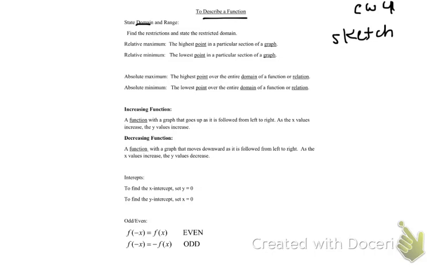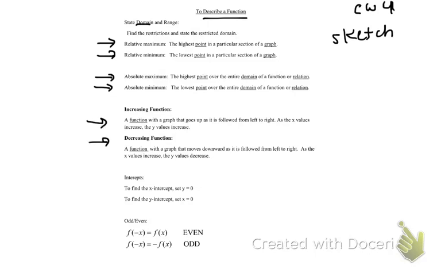So from there, we're going to determine if we have absolute maximums and minimums, which means it is absolutely the highest point or absolutely the lowest point on your function. Or if we have relative, and we can have both, relative mins and maxes. Once we identify those, we can see where it's increasing or decreasing.